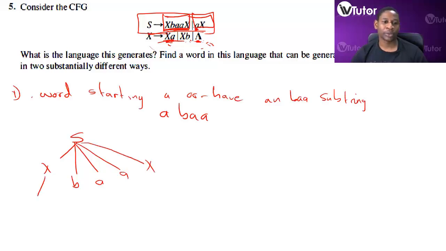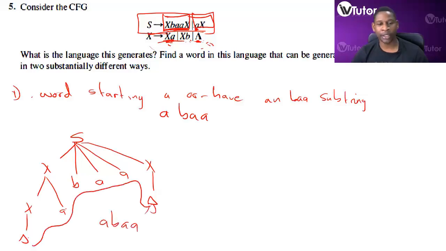And then this X goes to XA, this stays, and this X goes to now. Then X goes to X and then goes to A, and this X goes to now. So if you move from left to right, we've got A, B, A.